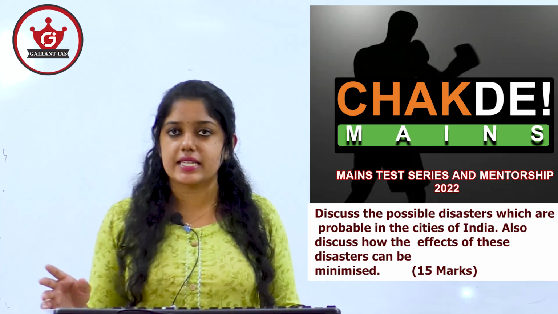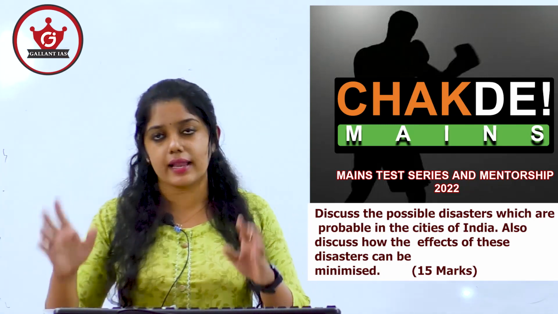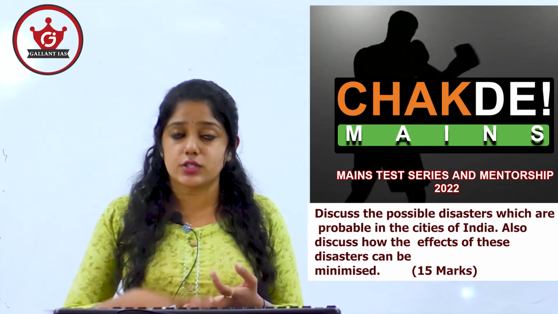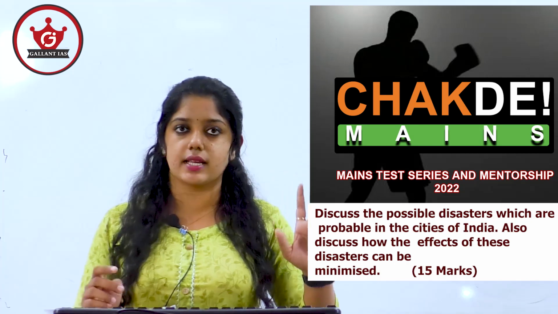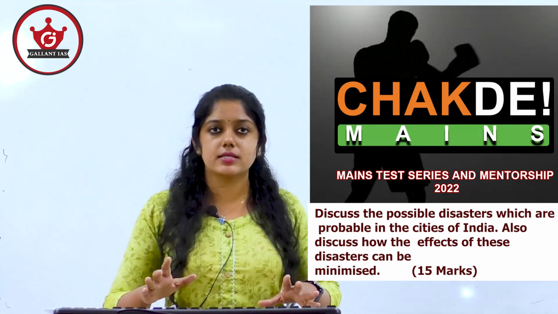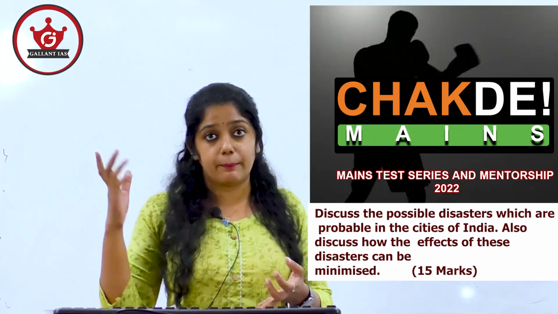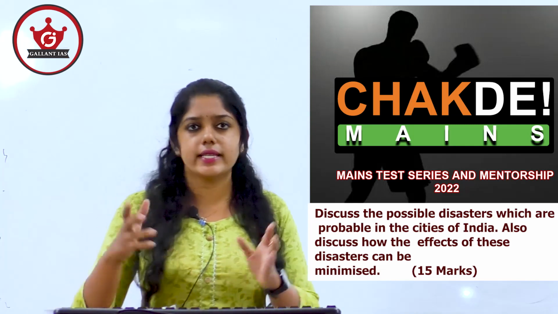The definition itself says that we have two types, natural and man-made disasters. So you can classify it as natural disasters: floods, droughts, tsunami, earthquakes, with examples you can quote. And next, coming to man-made disasters, you can mention nuclear attacks, nuclear leakages that happened in India. Biochemical attacks, all these can be mentioned.